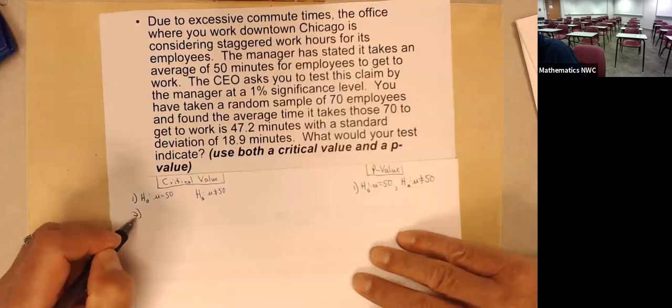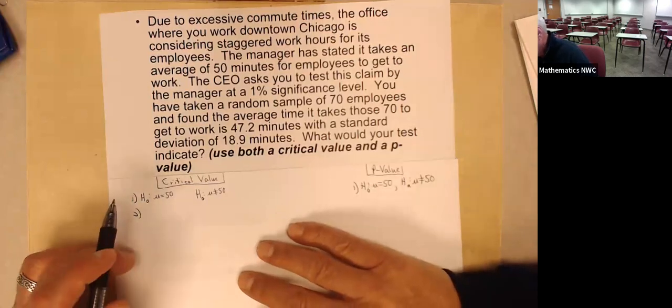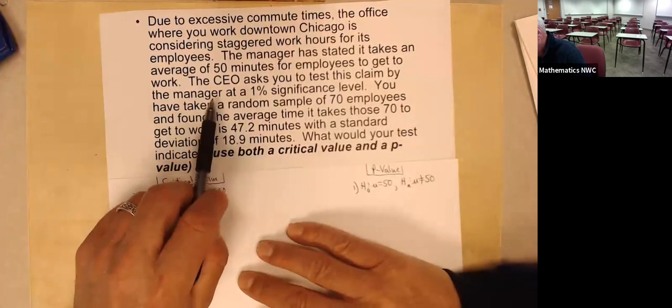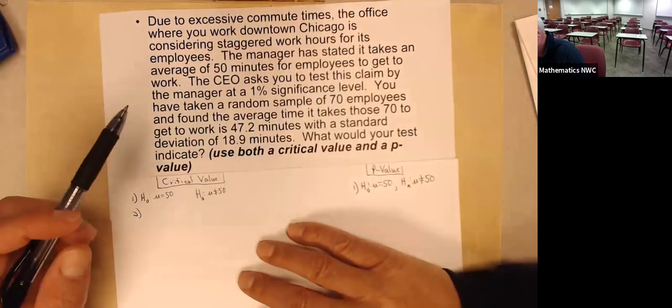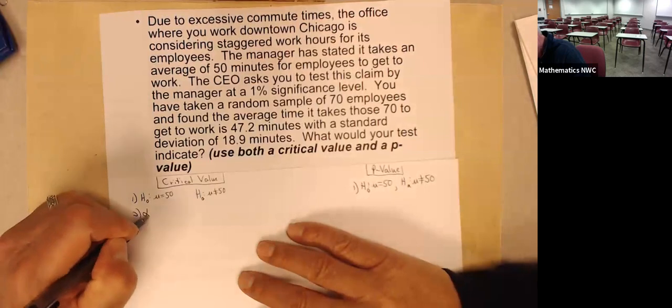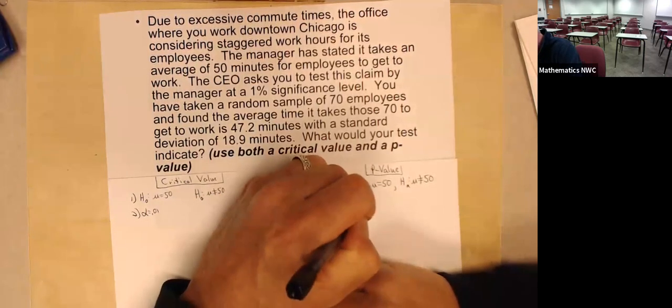Step number 2, I list my alpha levels. They said test the claim at a 1% significance level. That means your alpha is 1% or 0.01.